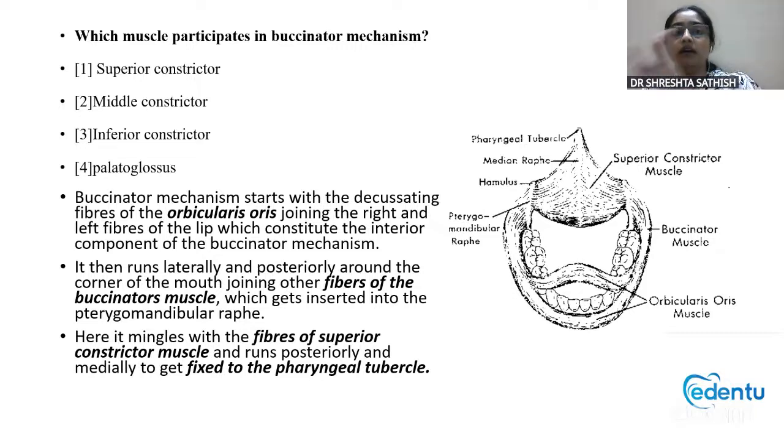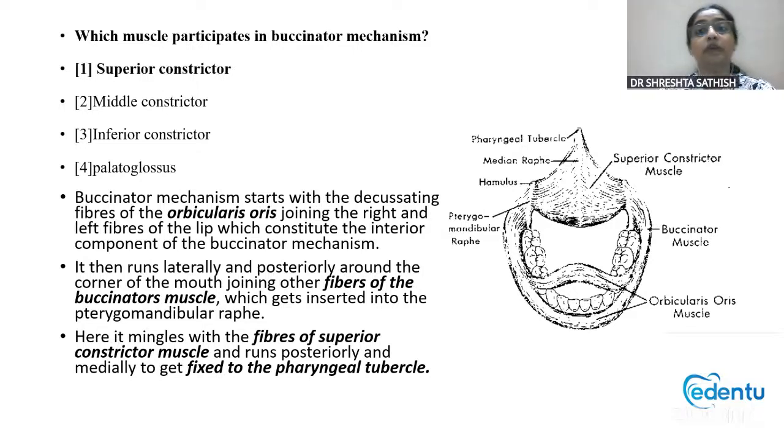So this is the path, how it goes. You have your orbicularis oris muscle fibers, which come and join into your buccinator. From the buccinator, through the pterygomandibular raphe, it goes into the superior constrictor muscle and into the pharyngeal tubercle. That is your buccinator mechanism.